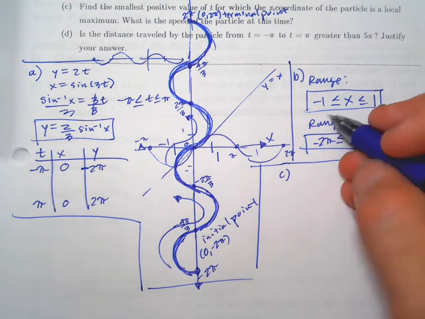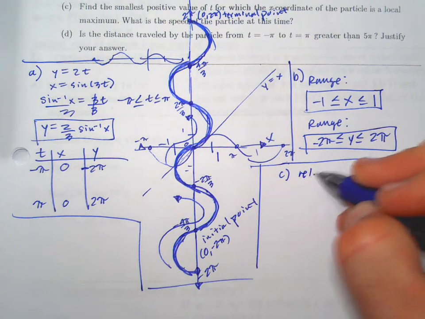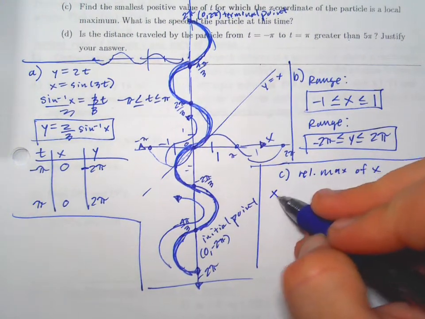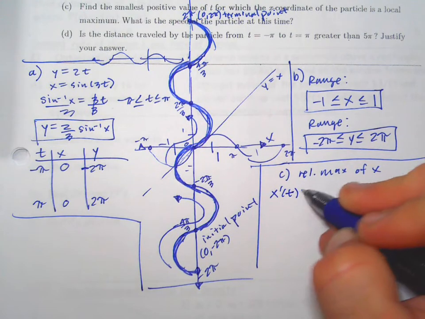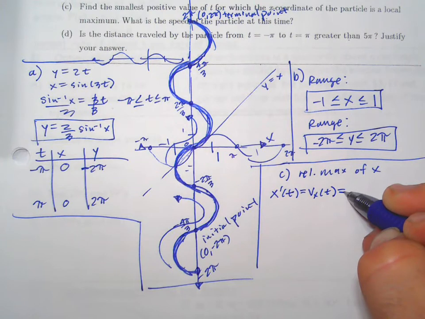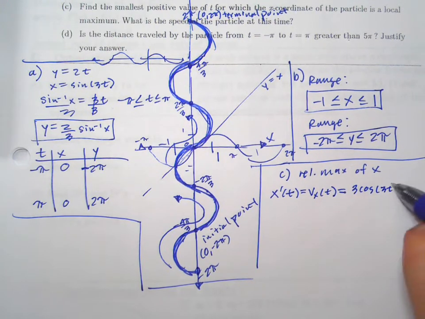Well, for the x coordinate, we're looking for a relative max of x. So we need to find the critical point. So we need to do x prime, which is also v sub x, and that would be 3 cosine 3t. And we're going to set it equal to 0 or undefined.